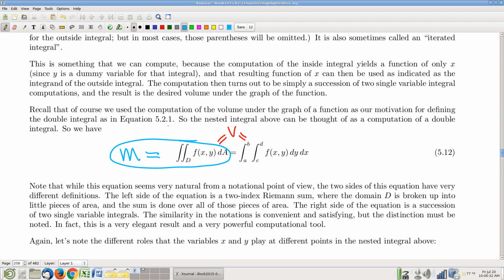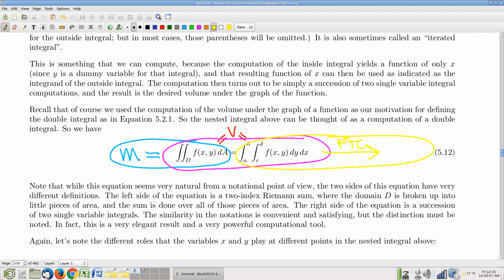And then, having made that argument, as a totally separate second step, you say double integrals are computed with nested integrals. And then as a third step, you compute the iterated integral, the nested integral, with the fundamental theorem of calculus.